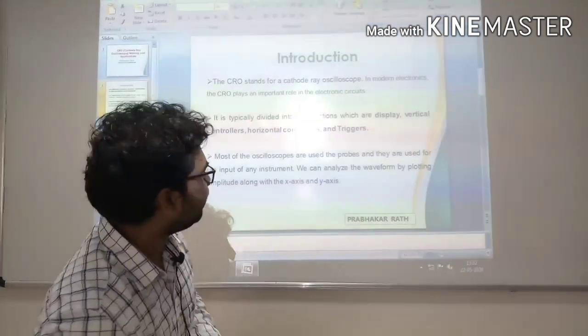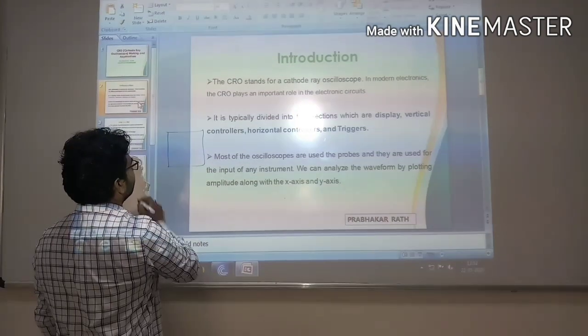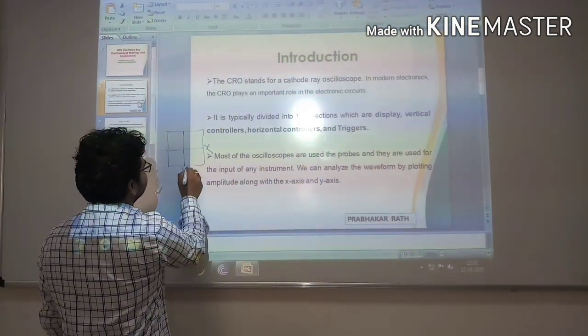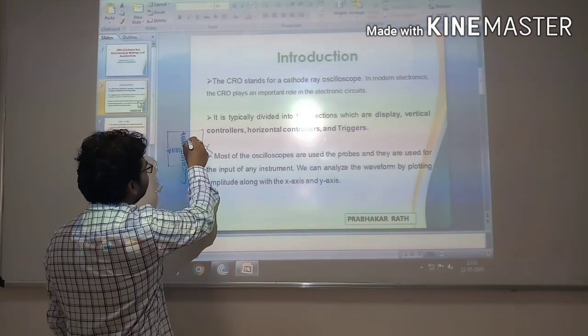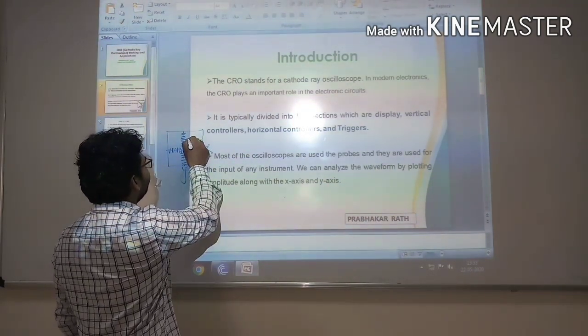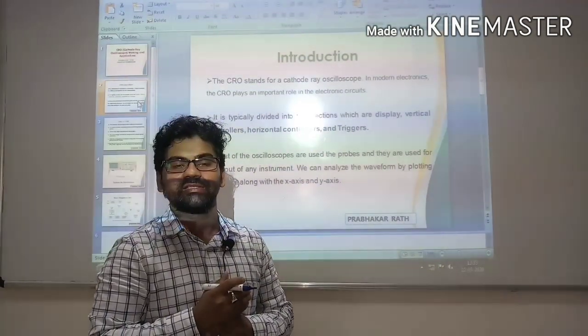That means whenever we analyze, suppose this is the screen of the CRO and this is your x-axis and this is your y-axis. When we analyze the signal, from peak to peak, this device will measure voltage and current.